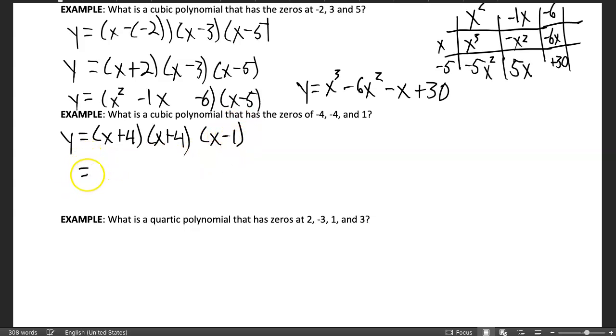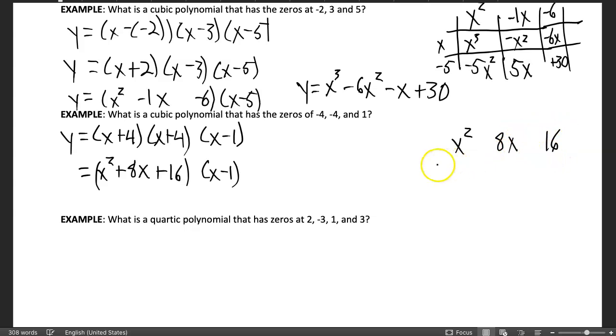Let's go ahead and FOIL these, so this will become x squared plus 8x plus 16 times x minus 1. And now we'll put this into the box, so we'll have x squared, we'll have 8x, and we'll have 16, and we will have x and minus 1.